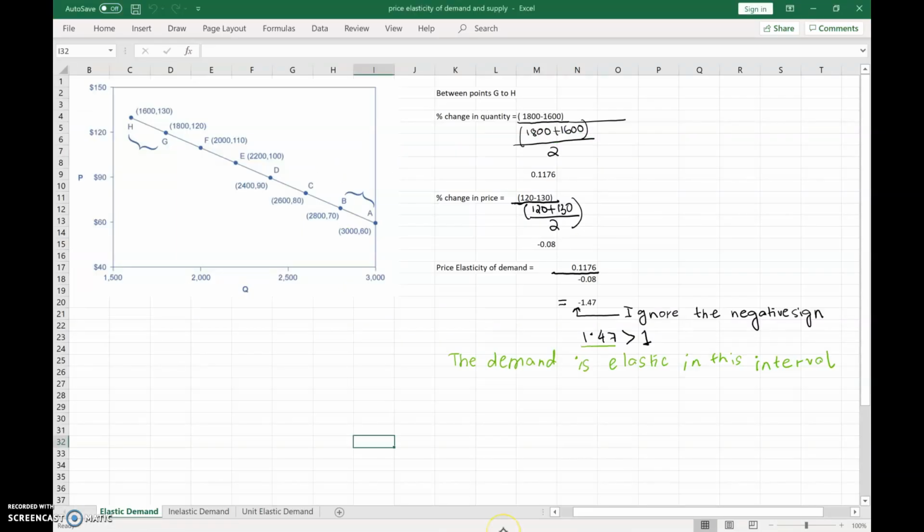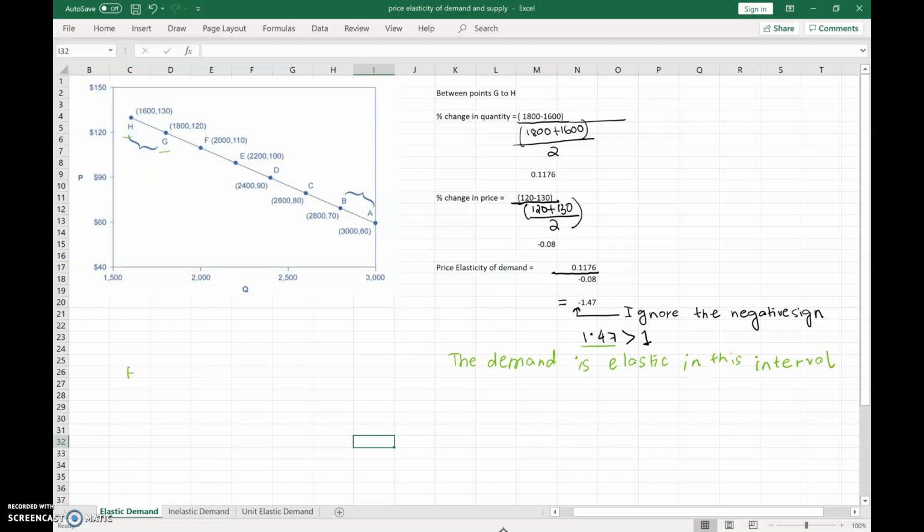Now I have an Excel sheet where I have a demand curve, and I'm going to show you the price elasticity of demand for different points in the demand curve. So let us look at these 2 points here, which are G and H. So let's see what's going on here.